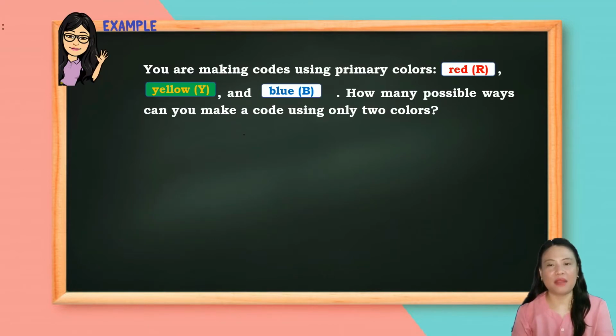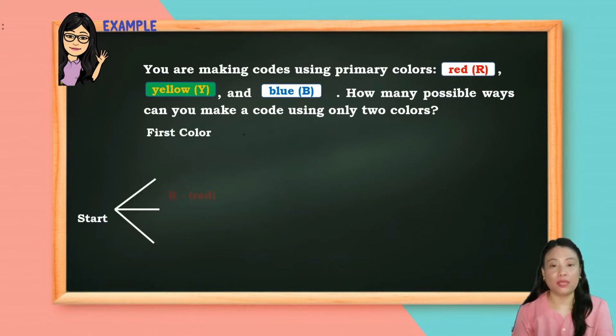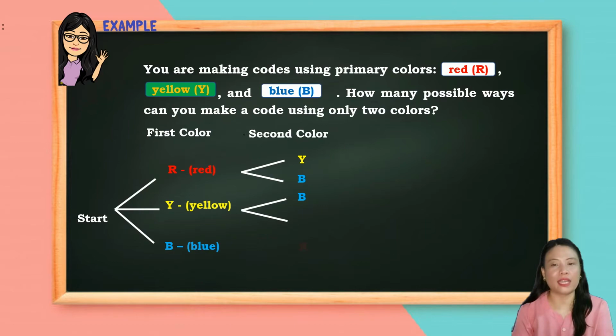Let's look at this example. You are making codes using primary colors: red R, yellow Y, and blue B. How many possible ways can you make a code using only 2 colors? Using the tree diagram, let's have this illustration. For example, the first color can be R, Y, or B. If R is chosen, only Y and blue will be available for the second color.